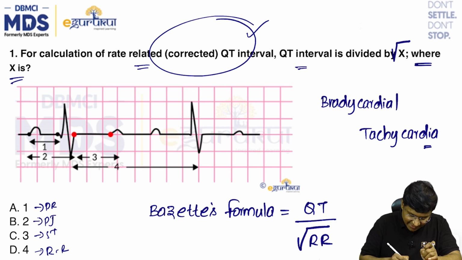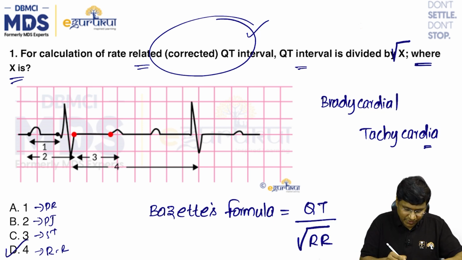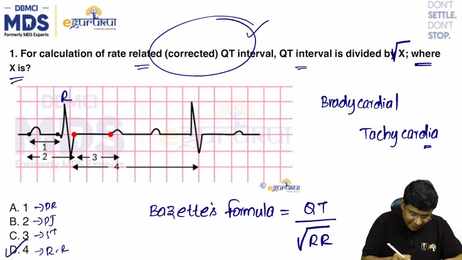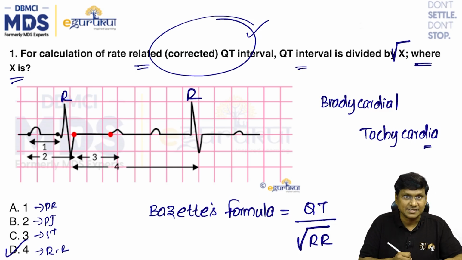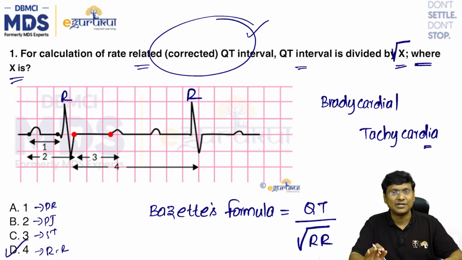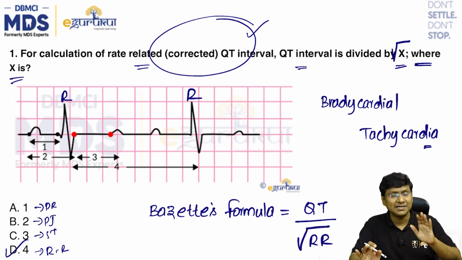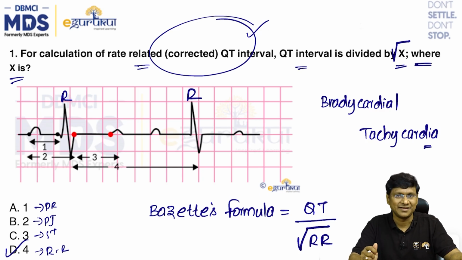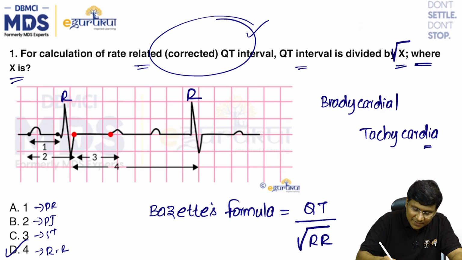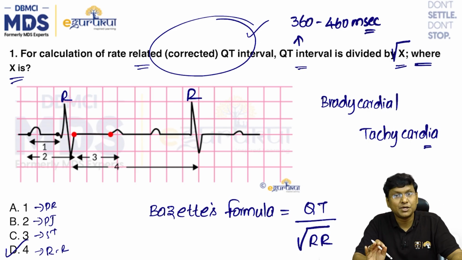So the answer here is D. This is your R wave and this is your R wave in the ECG, so RR interval is what should be there in this point of the X. That is nothing but Bazett's formula, wherein you will get the corrected QT interval. Alright. And how much is the normal QT interval? That is around 360 to 460 milliseconds.